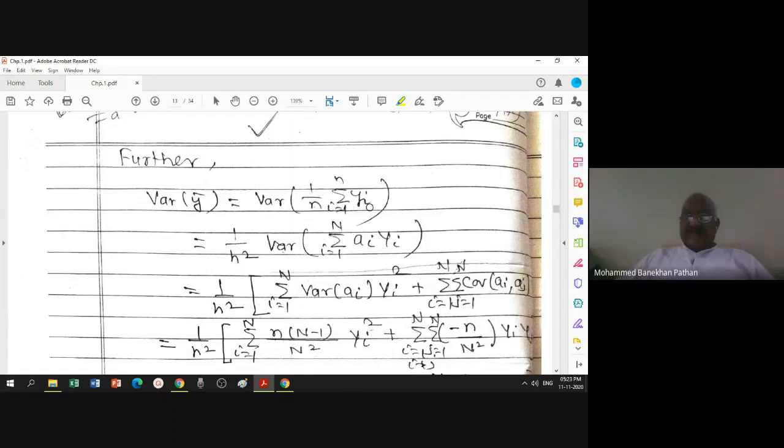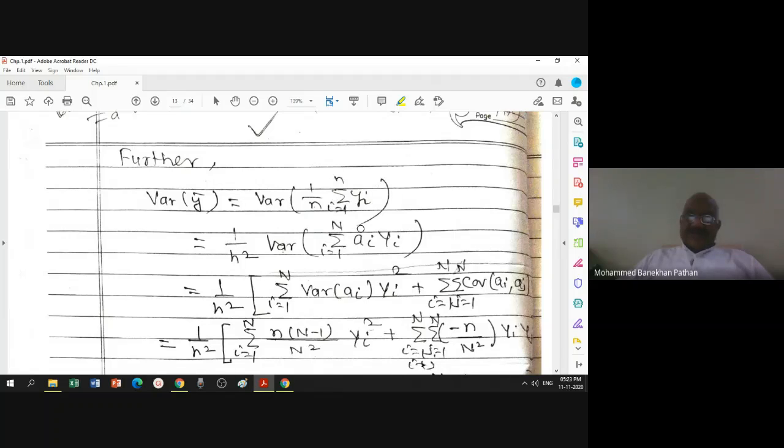When I take the constant outside the variance, from your first year knowledge, variance of a multiplied by X is a square variance of X. So whenever you take a constant outside the variance, it is taken as a square.